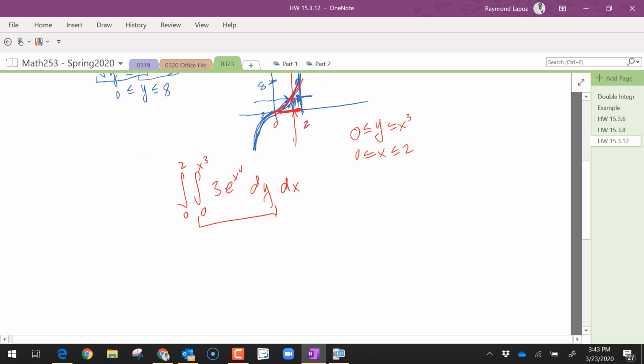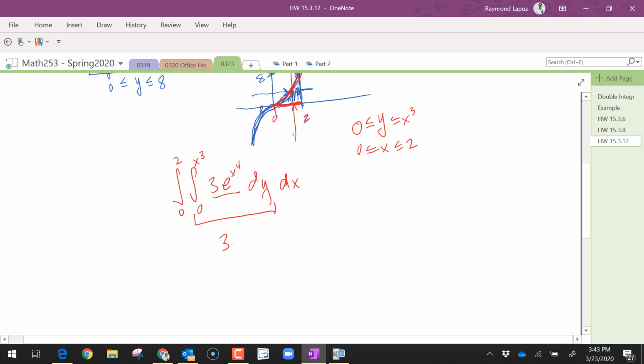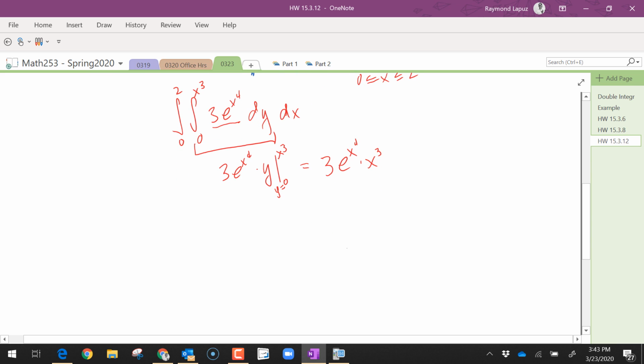So first, with respect to y, this is all constant, right? So it would be 3e to the x fourth times the y variable, and we're going to evaluate the y variable from 0 to x cubed. So the 0 will go away. It'll be 3e to the x to the fourth times x cubed, and you can see that this is a total setup for a u substitution.